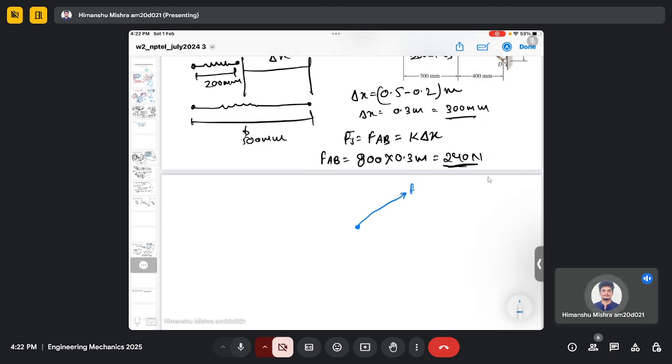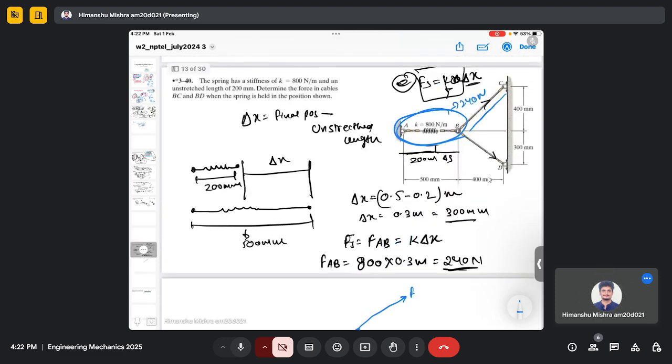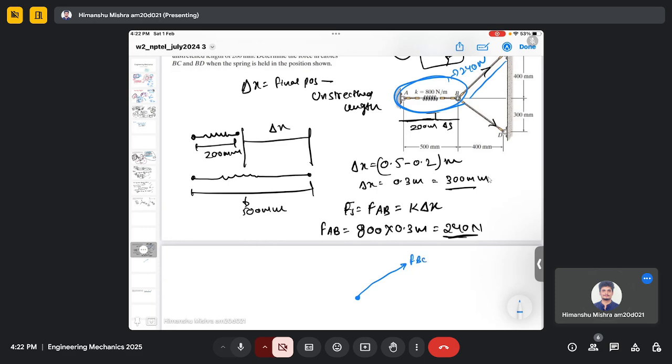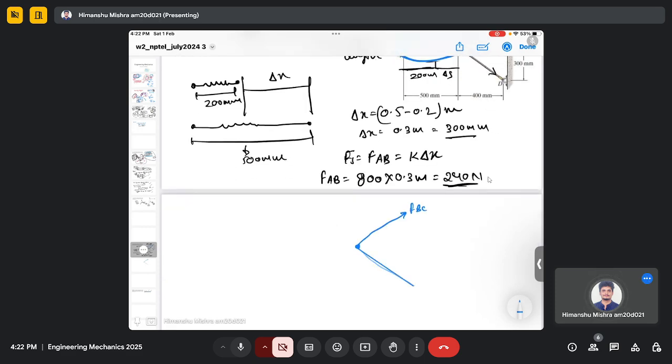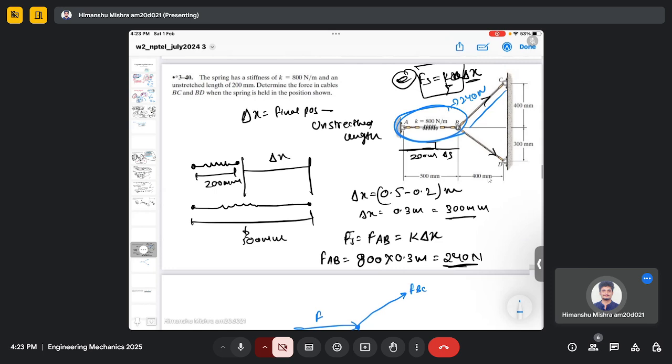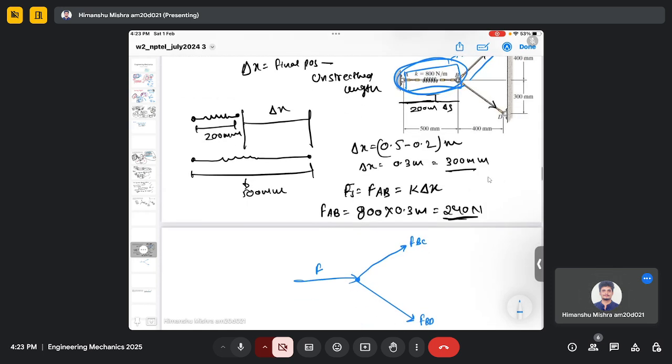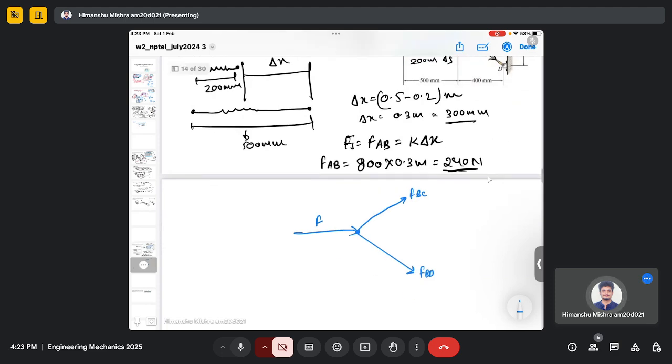So this is the force at BC, and this is my force in BD, and we have just calculated the force due to spring, which is equal to force in the chord AB, and this is actually equal to 240 Newton.